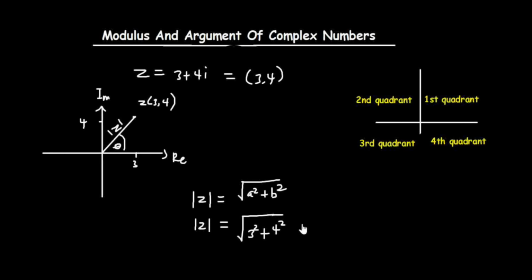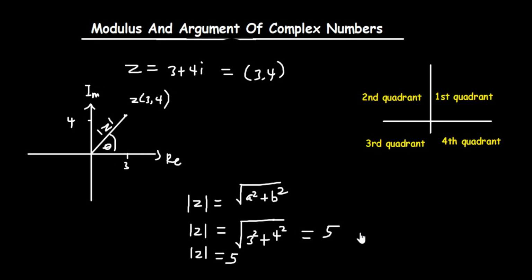Let's see the value of this. This will give us 5. Therefore, the modulus of the complex number z is equal to 5.